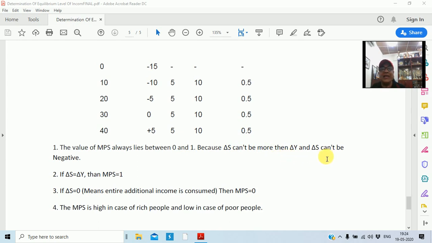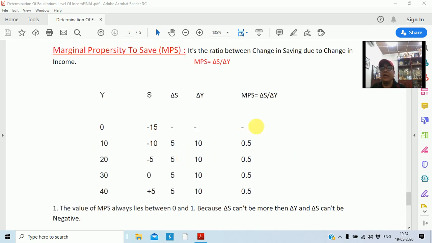And delta S cannot be negative. If your income is increasing, the minimum possible change in delta S may be 0. When? Suppose income increases by 10 crore and the entire 10 crore has been consumed. What is the value of delta S? 0. Because all the income increase has been converted into consumption. And if your delta S is 0, what will be the value of MPS? 0.